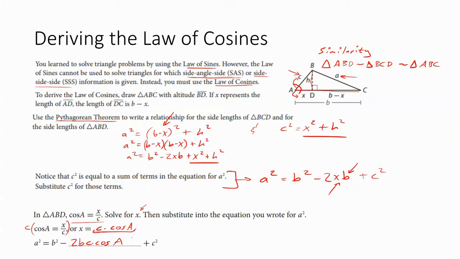All right, so it's getting a little more formal here, and inevitably we get the equation. In this situation you would probably remember the law better if it's a squared equaling b squared plus c squared, minus the 2b times c times cosine of angle A. So that would be where the law of cosines comes from in that situation.